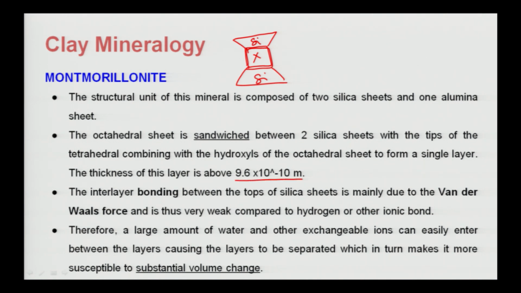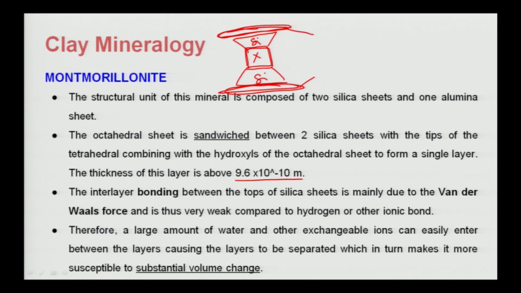The interlayer bonding in kaolinite was the hydrogen bond, but here the interlayer bonding between the tops of the silica sheets, like this is one unit, so some bonding will be there with another unit, and then with another unit. This bonding is due to van der Waals forces, and these are very weak as compared to hydrogen or other ionic bonds.